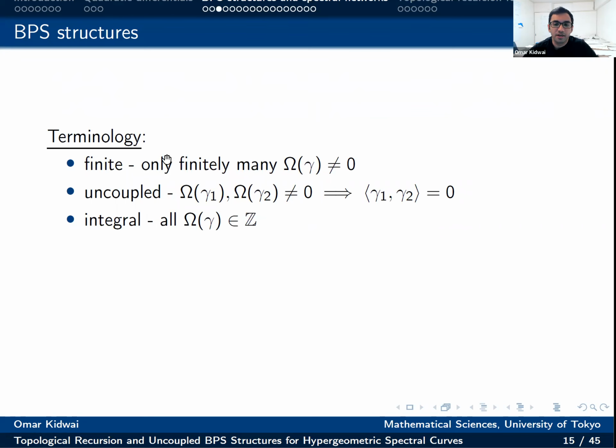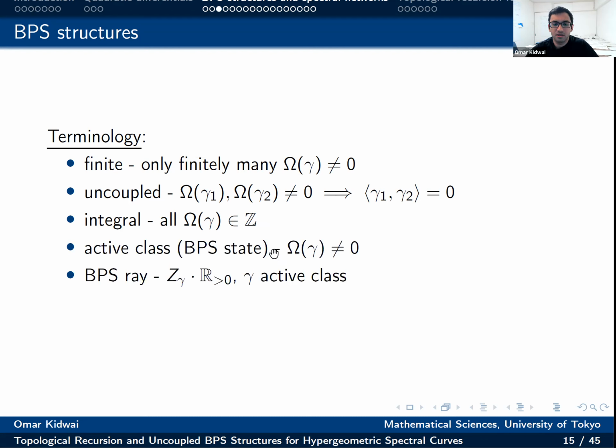There's some terminology: if omega is almost always 0, then I call it a finite BPS structure. If the only time omega is non-zero, those vectors are orthogonal to each other, then it's uncoupled. And it's integral if it takes values in Z rather than Q, which it always will. So everything I study in this talk is a finite, uncoupled and integral BPS structure.